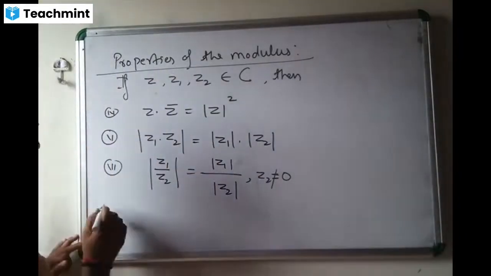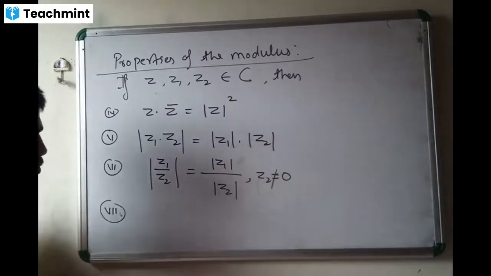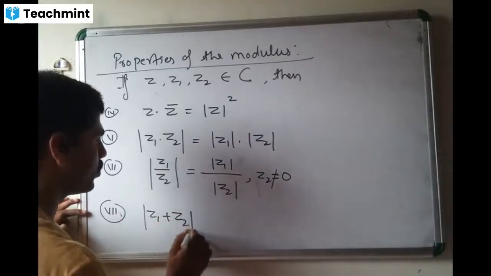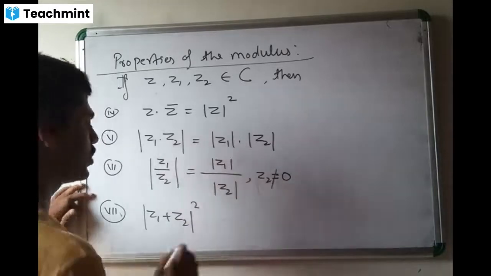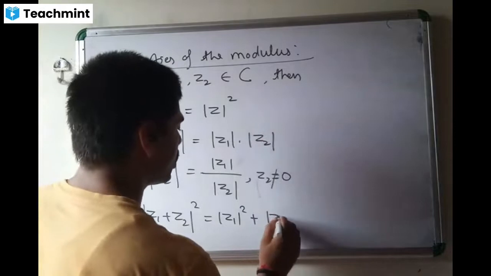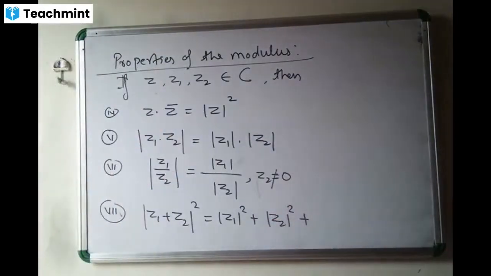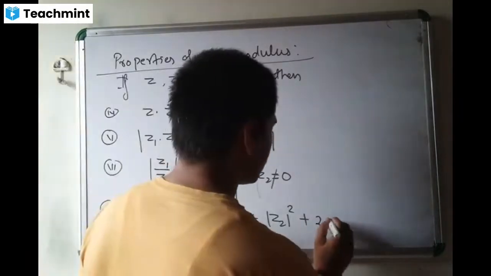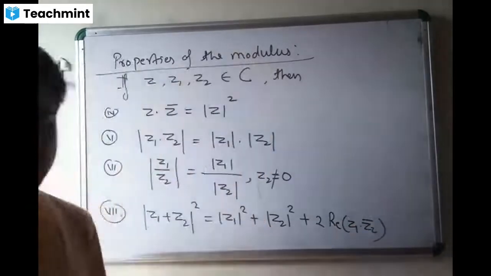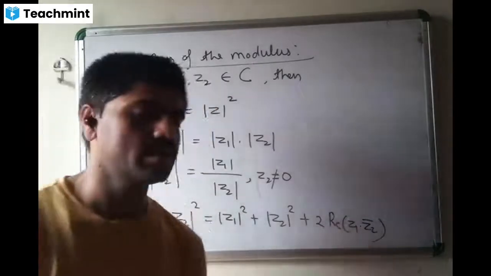Now see the next one: mod z1 plus z2 of whole square is equal to the square of mod z1 plus the square of mod z2 plus 2 into the real part of z1 into z2 bar.